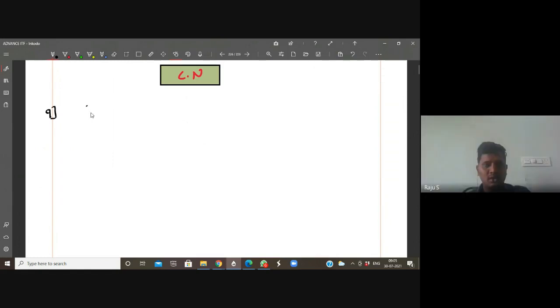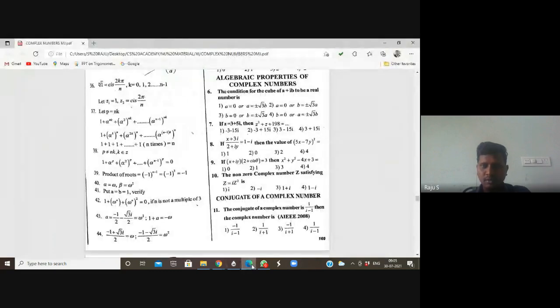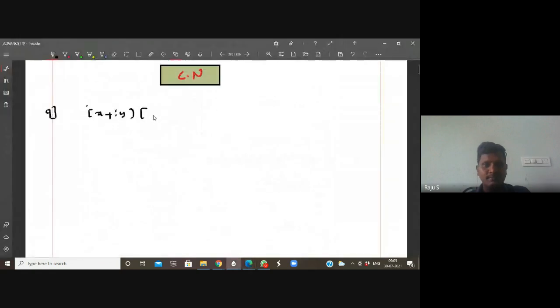Yeah, the given question is x plus iota y into 2 plus cis theta, and 2 plus cis theta is nothing but 2 plus cos theta plus iota sin theta.